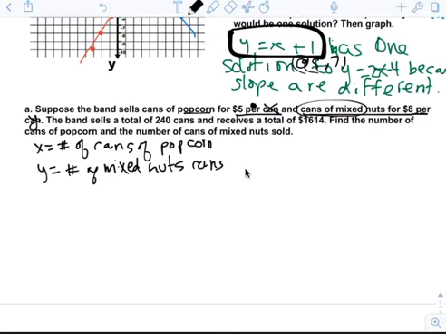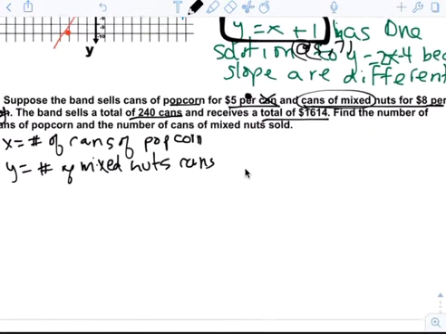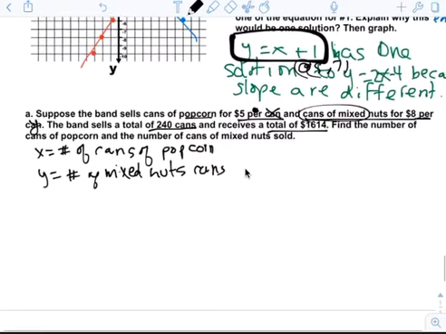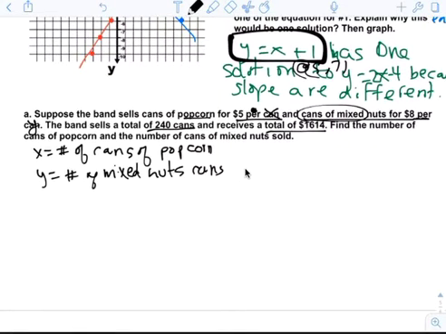The band sells a total of this many cans and receives this much money. Ooh, this is a good one. Find the number of cans of popcorn and the number of mixed nuts cans sold.